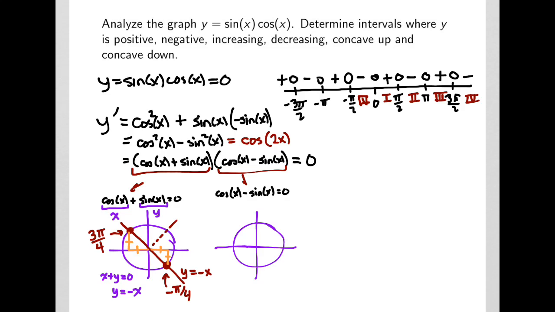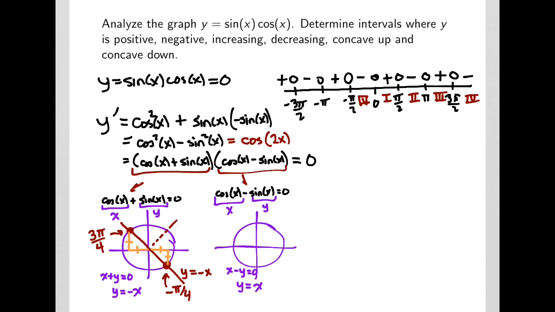In a similar way, if I think about the second factor, cosine x is the x-coordinate, sine x is the y-coordinate, and so I'm thinking about where the x minus the y equals 0. If I solve for y, I get y equals x.